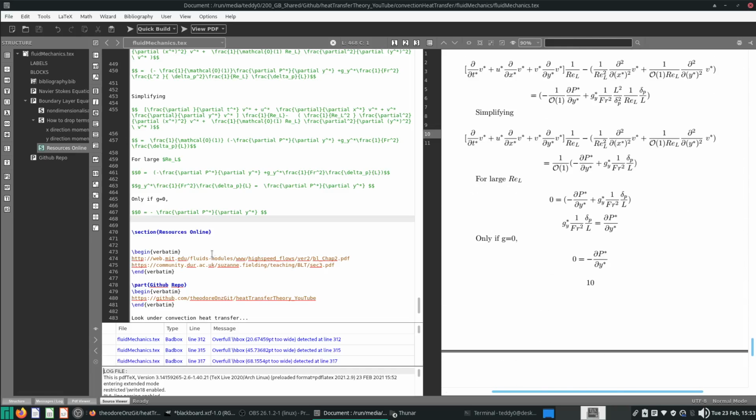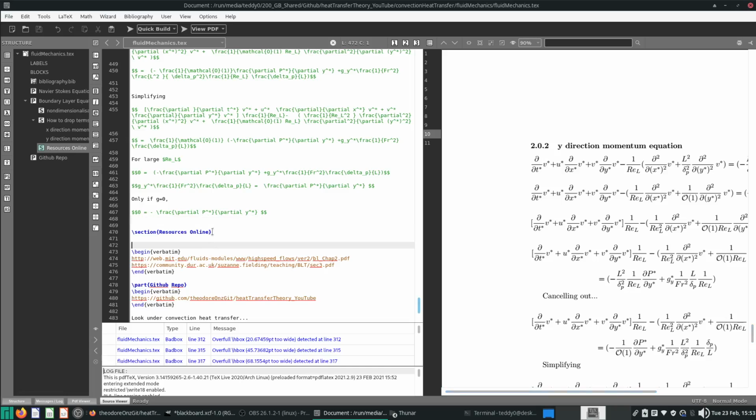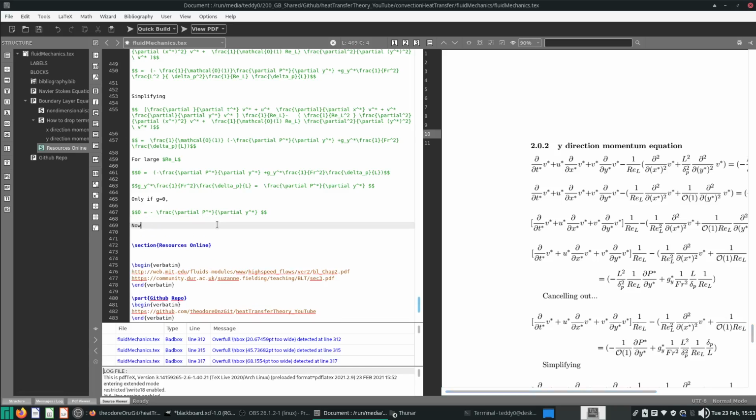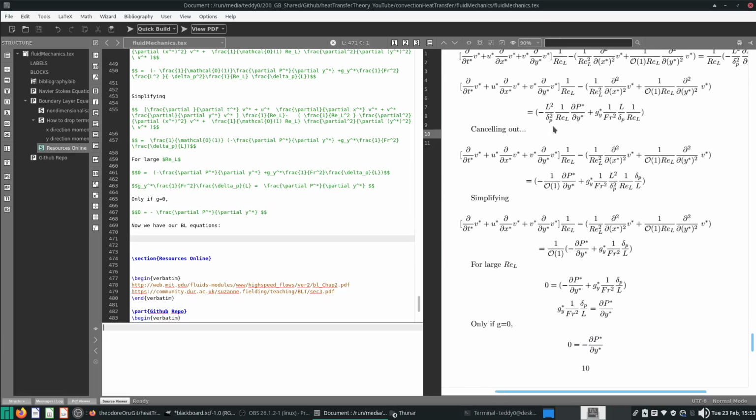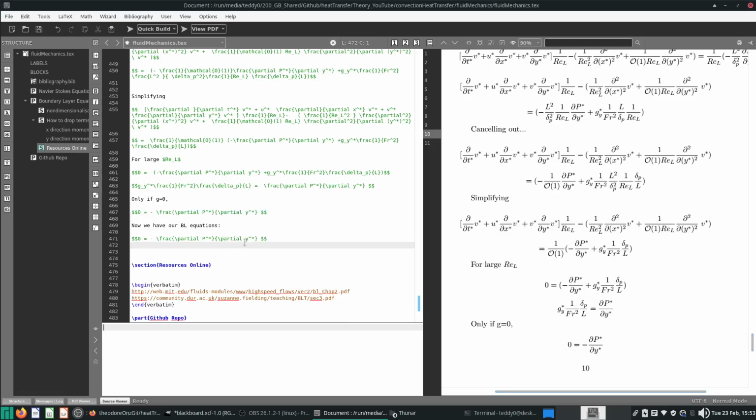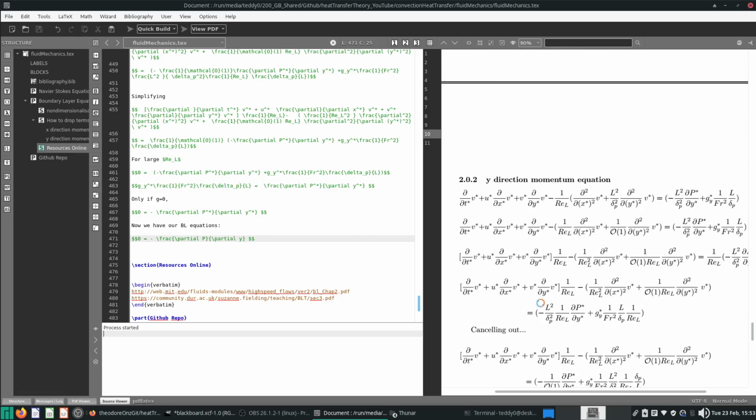Now after everything, we have our boundary layer equations. So what did we cancel? We have del p del y equals 0, which is not very interesting there. But in general, we assume that the gravity forces are negligible. And what about our x momentum equations?